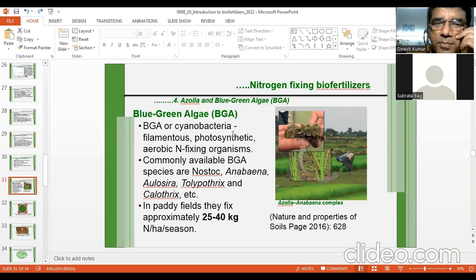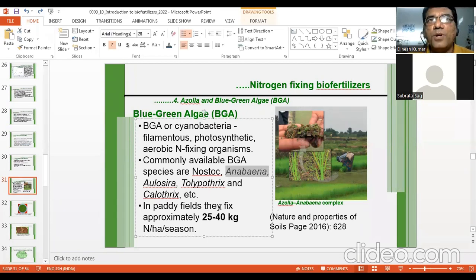So BGA or cyanobacteria are filamentous, photosynthetic, aerobic, nitrogen-fixing organisms. Commonly available BGA species are Nostoc, Anabaena, Aulosira, Tolypothrix, and Calothrix. These are different species of blue-green algae, but among them, Anabaena azollae is the most important one.